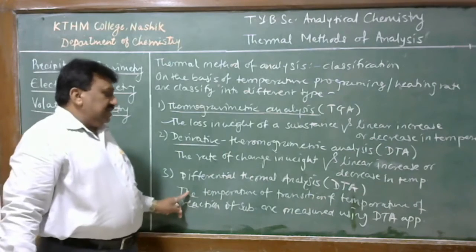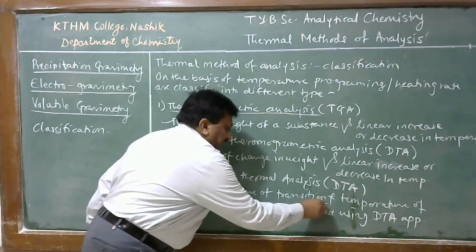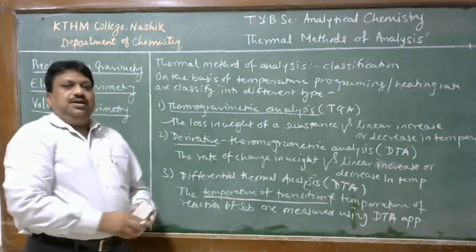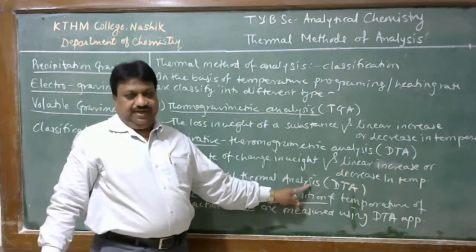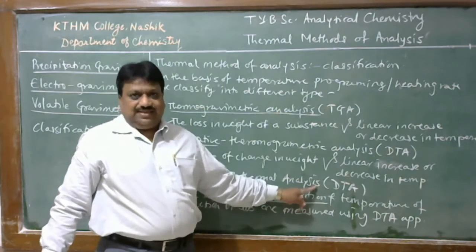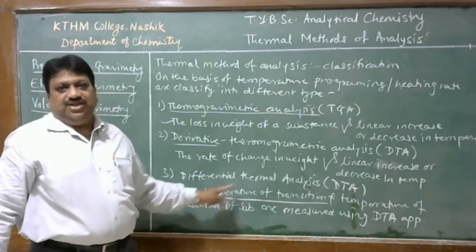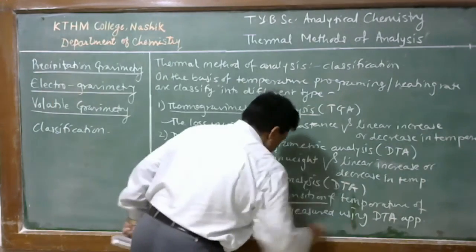In differential thermal analysis, the temperature of transition means the temperature at which a substance is converted into liquid or the temperature at which liquid is converted into gas. That is called the transition temperature, as well as the temperature of reaction.